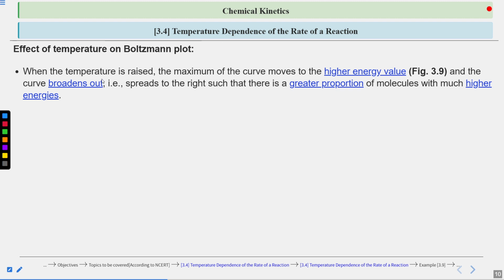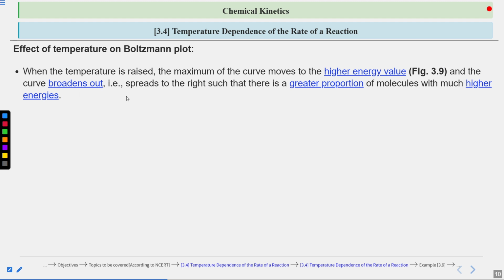If you raise the temperature for a chemical reaction, the energy of the reactant species increases, due to which they become more mobile and move here and there more frequently. So the maximum of the curve, the most probable kinetic energy, moves to a higher energy value, which is shown in figure 3.9.